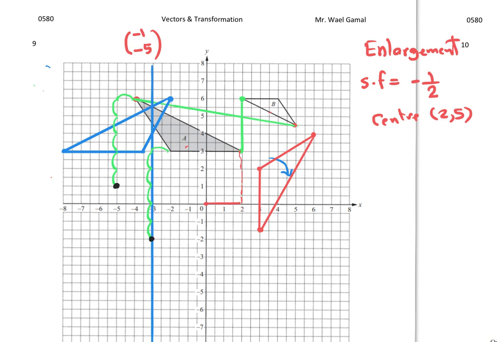So this is the image. And the next one you can deduce, because the distance is 1, 2, 3, 4. So this is the image. Now join them.